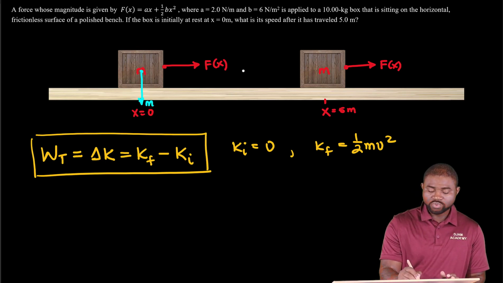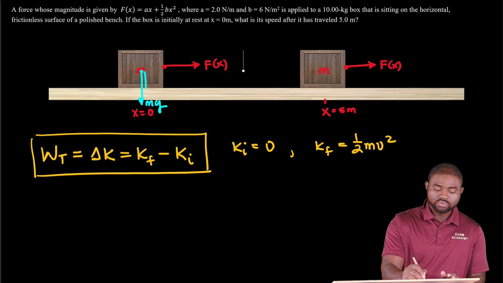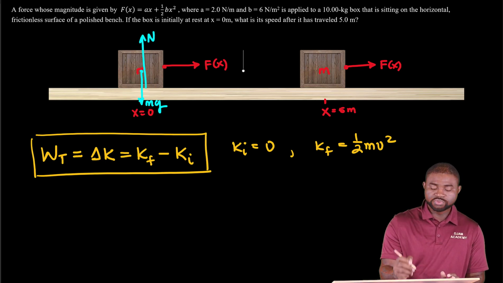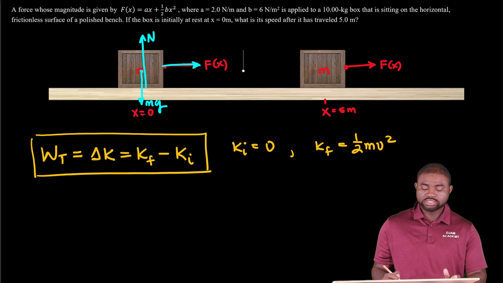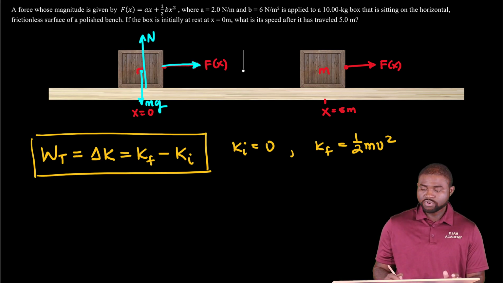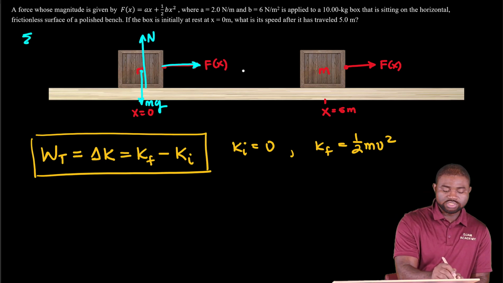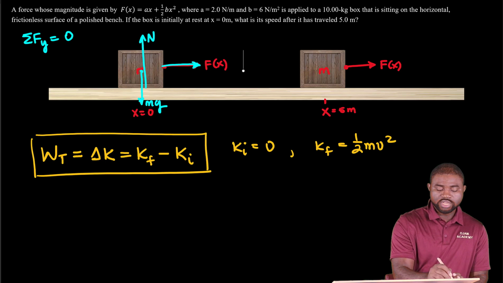We have the weight, which is vertically downwards. We have the normal force, which is perpendicularly upwards, and we have the force F acting on the box. So from the look of things, we know that the sum of forces in the y direction is 0. That would mean that N is equal to mg.